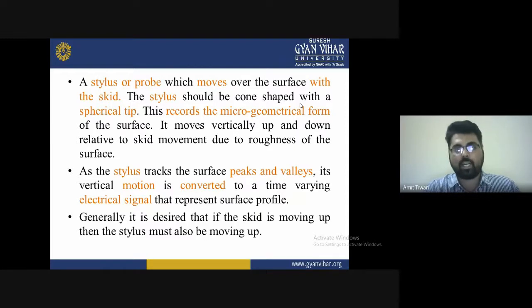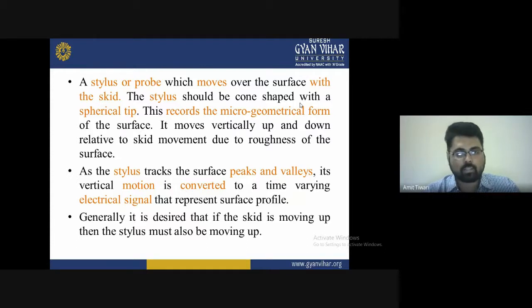The working principle is that the stylus or probe moves over the surface along with the skid. The stylus should be cone shaped with a spherical tip, and it records the micro geometrical form of the surface. It moves vertically up and down relative to the skid movement due to the roughness of the surface.